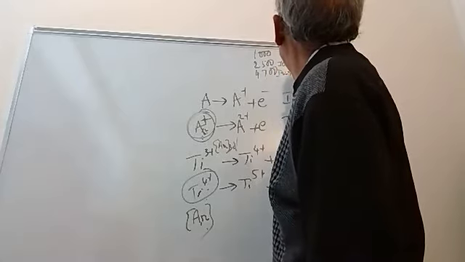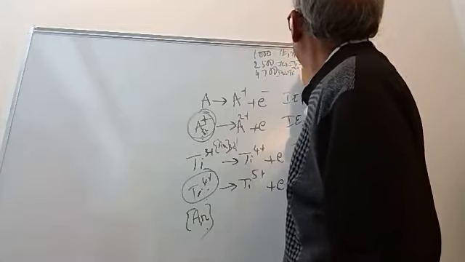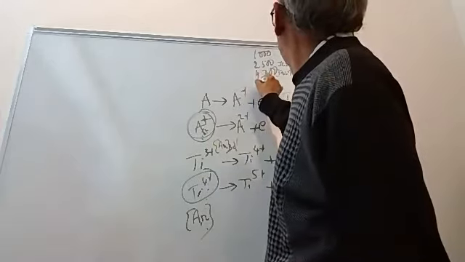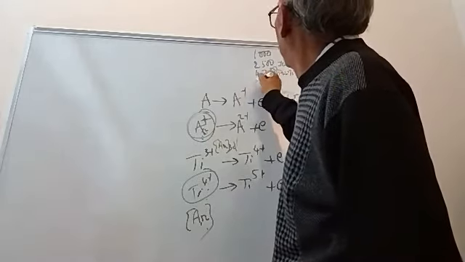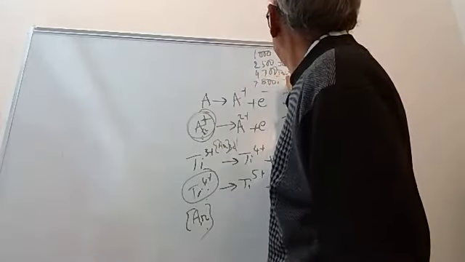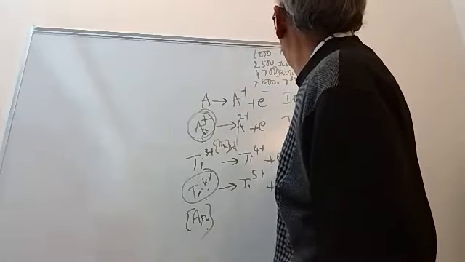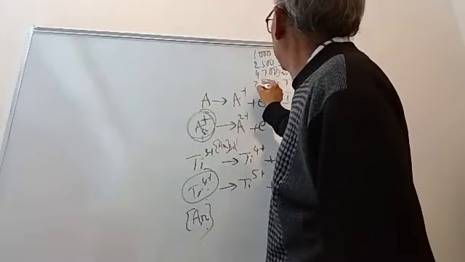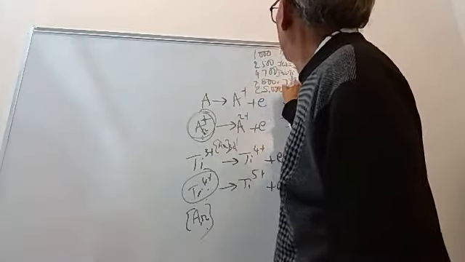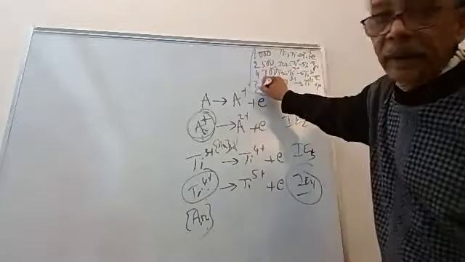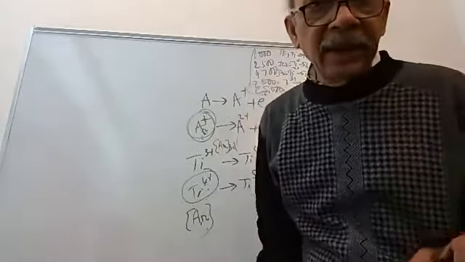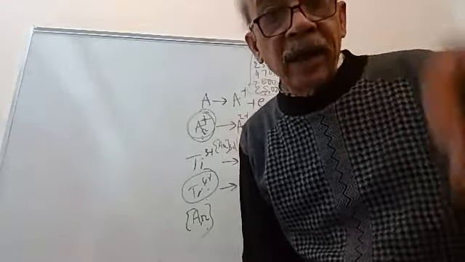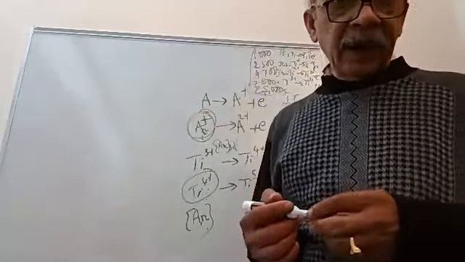IE3 is titanium 2 plus to titanium 3 plus plus an electron. And IE4 is, let's say, 7,800. That's Ti3 plus giving Ti4 plus and an electron. And finally, when you go to the fifth ionization energy, this will be 25,000. You can see that anomaly there. Whenever you see that, you know that that process involves removing an electron from an ion whose electronic configuration is that of a noble gas.